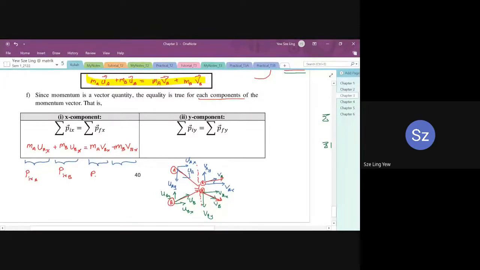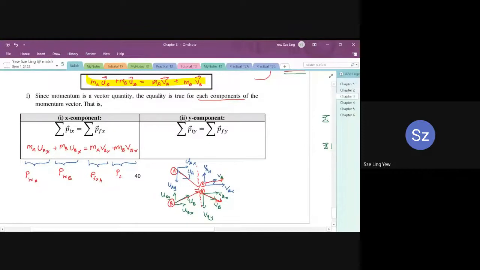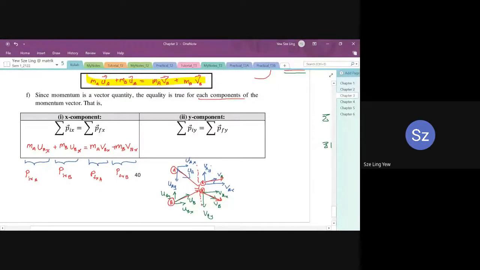This is PF, final along the X component for object A, and final along the X component for object B.